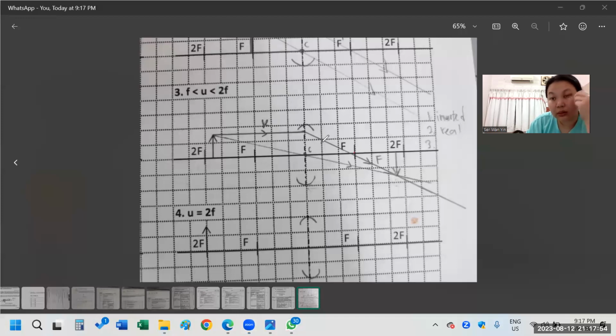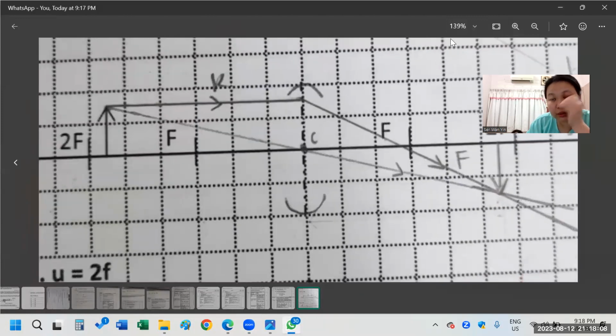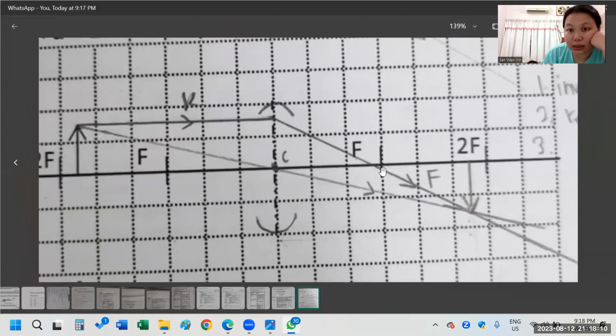But you do not put your ruler properly. Can you see the small triangle here? That's wrong. Then you will make your image become wrong. Don't make the small triangle. You must go through the line properly, through the point properly. This is green.